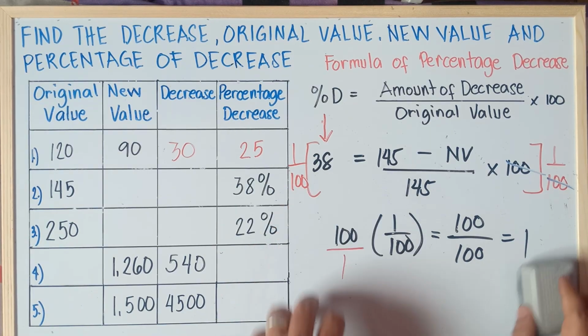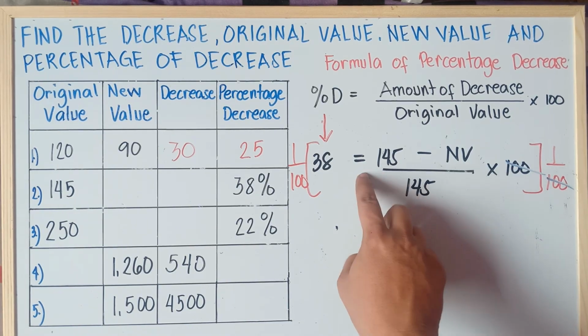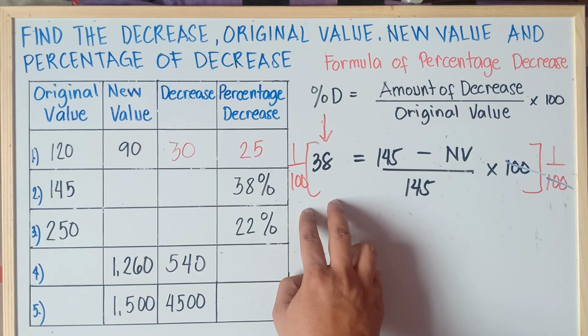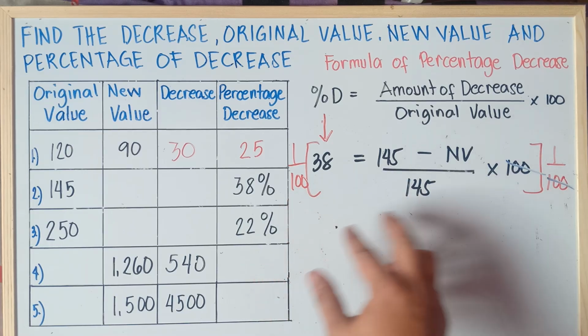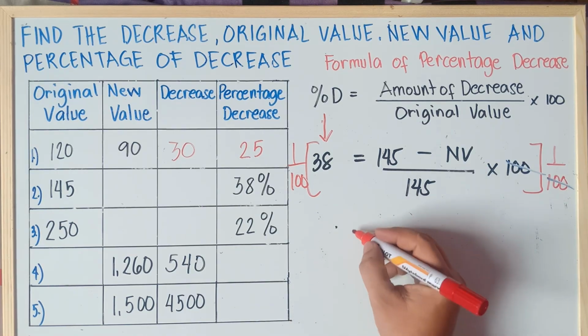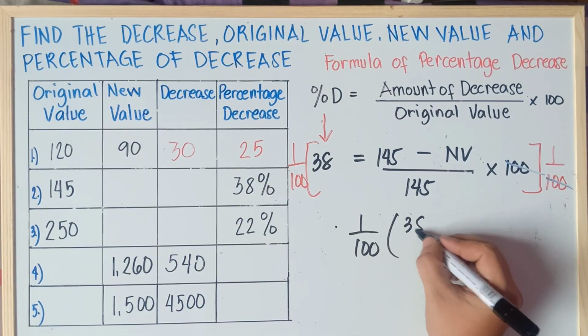And then we multiply this one. Once again, class, once you multiply 1 over 100 on the right side of the equal sign, you also do that on the left side to keep the equation balanced. So multiply 1 over 100 times 38.